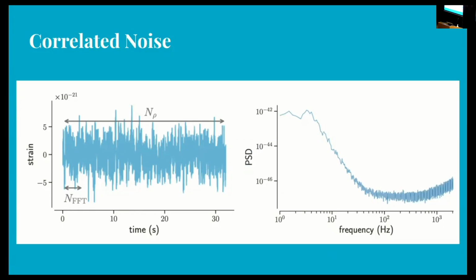They're generated from a Gaussian distribution that has variances that depend on frequency, right? That's what colored noise means. It means the variance of my Gaussian is a function of frequency. And the power spectral density is the quantity that describes that.